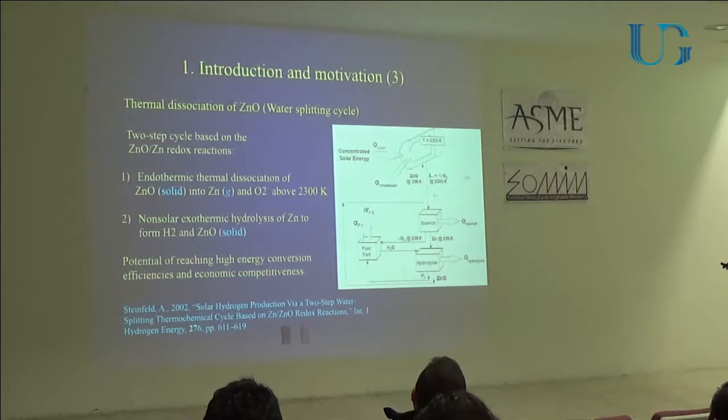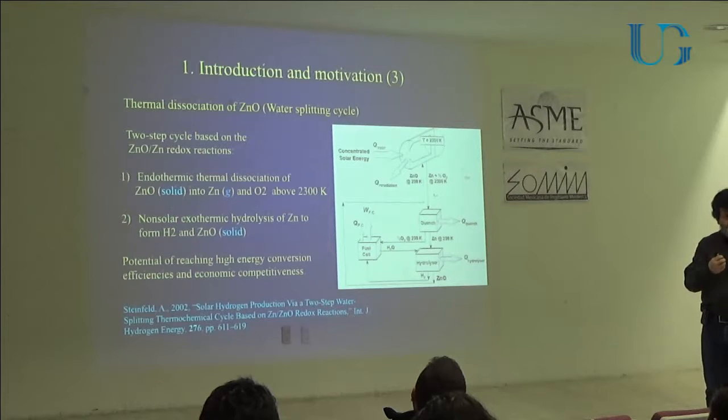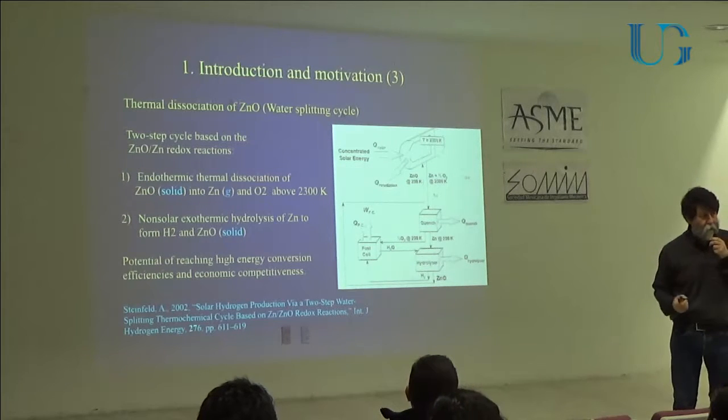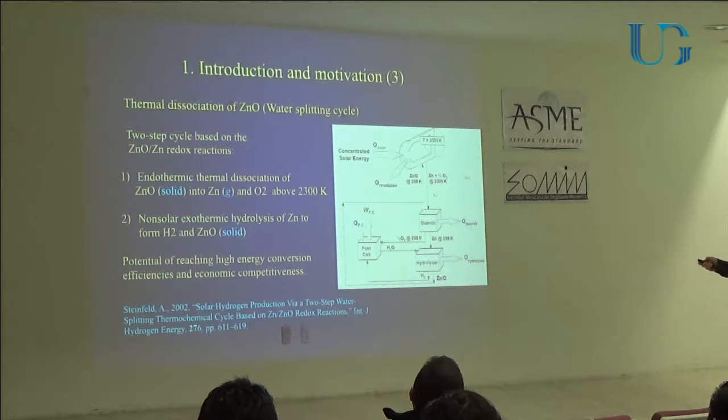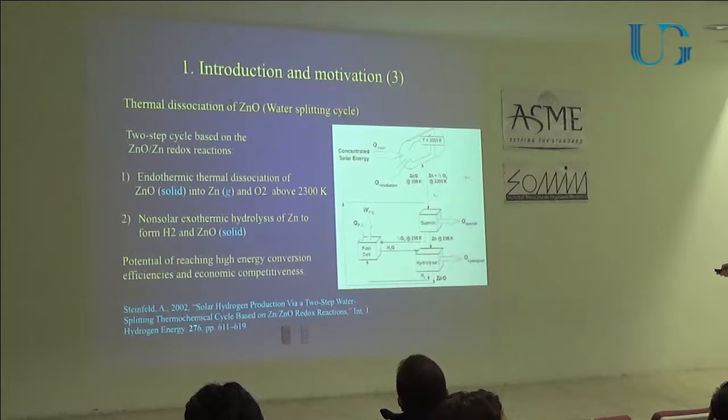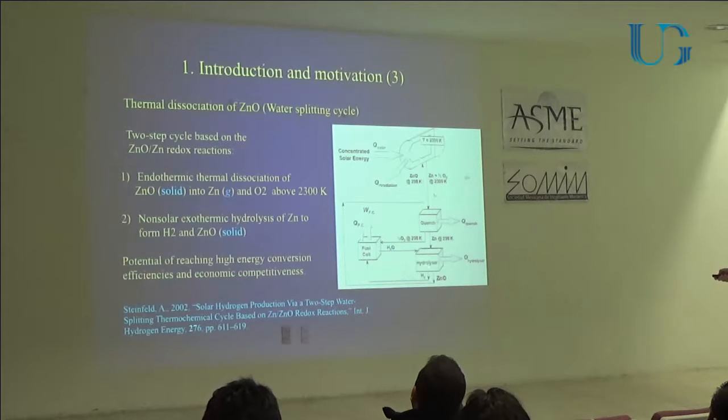We will have a powder of tin and oxygen in here. So by putting energy in it, we split the molecule, and we get this combination at this temperature, and we put it in a quench where we separate. The oxygen is going to this place, and the zinc is going to the hydrolyzer.